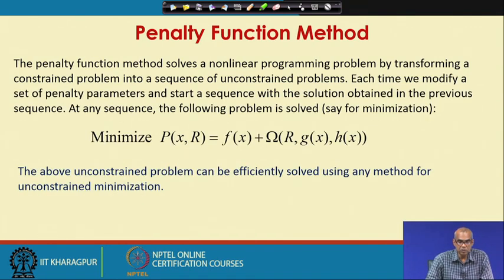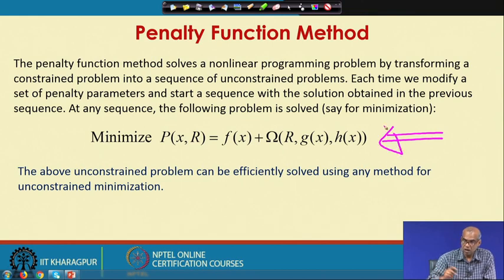The penalty function method solves a nonlinear programming problem by transforming a constrained problem into a sequence of unconstrained problems. Each time we modify a set of penalty parameters and start a sequence with the solution obtained in the previous sequence. At any sequence, we solve this unconstrained problem. Let us say we are solving a minimization problem.